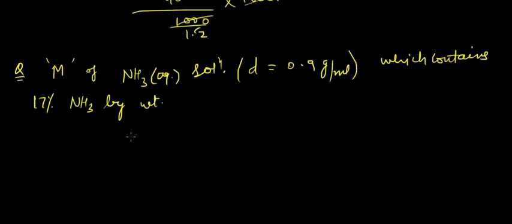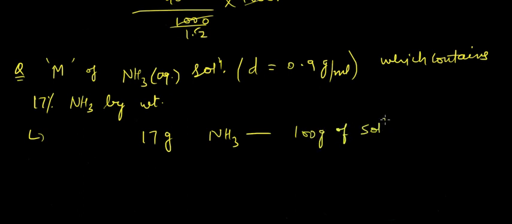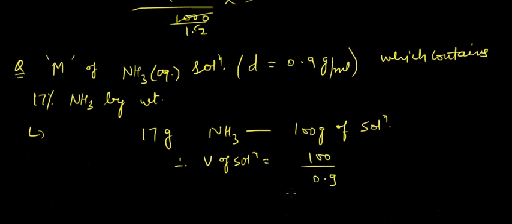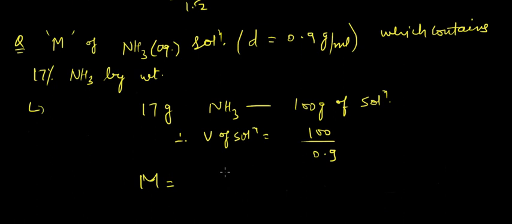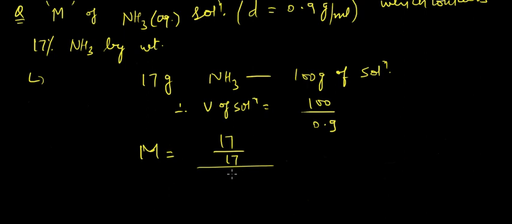Simply, we have been given that 17 gram NH3 is there in 100 gram of solution. Therefore volume of solution would be 100 over 0.9 ml, and molarity would be number of moles of NH3, which is 17 over 17, the molar mass of ammonia, divided by volume in ml, into 1000. You can do the required calculation, so the answer would be 9 M.